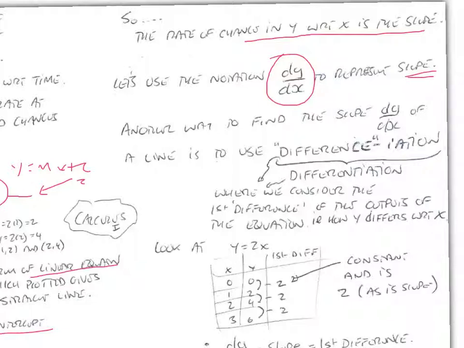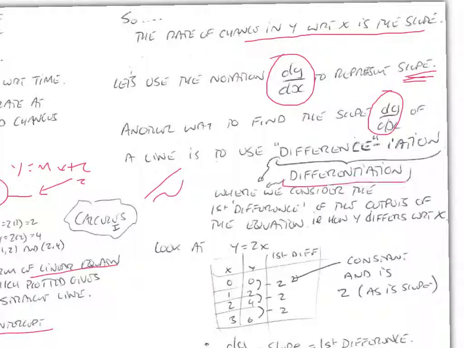Okay, and we're going to see that there's another way to find the slope of a function, which could be a straight line or a curve. There's another way to find this slope, this dy dx of a line, whether straight or curved, and that's to use this notion of differentiation.